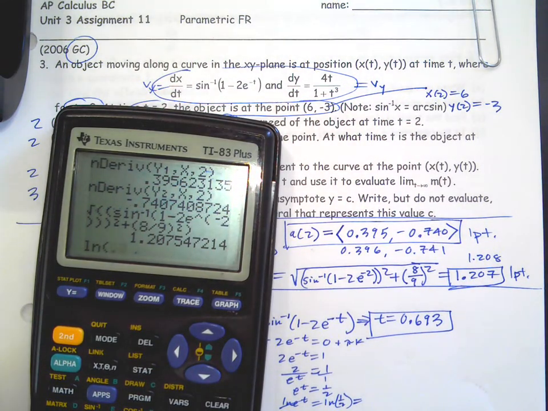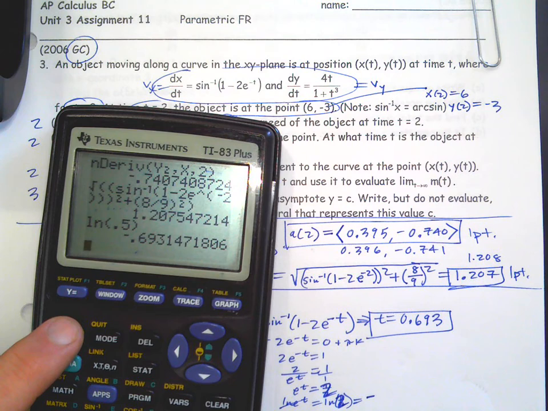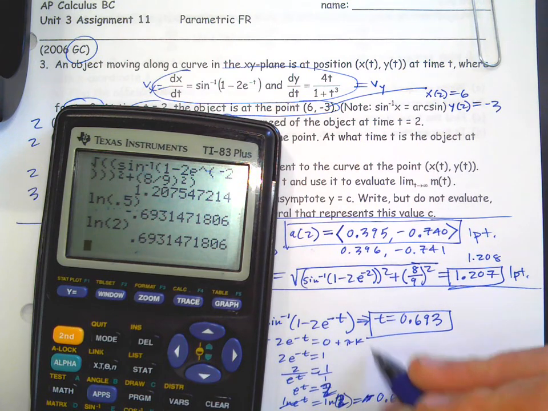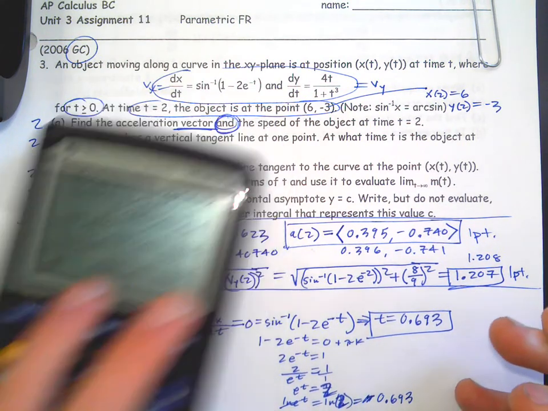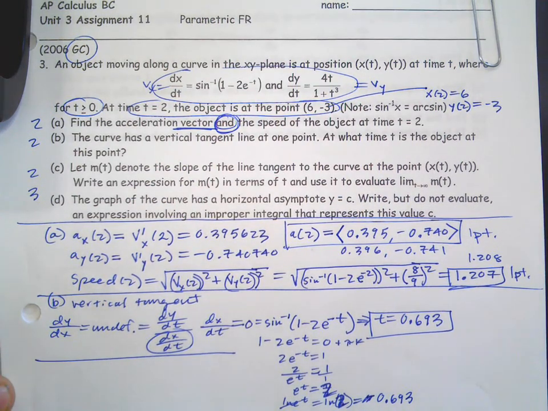Natural log of 0.5. Oh, that one came out negative. Oh, wait, hold on. No, this should be 2. I made a mistake. If it really did come out negative, then you might just have to try one of the other answers, plus pi or subtract pi, and see when you get a positive one. Okay, that's it for that problem.